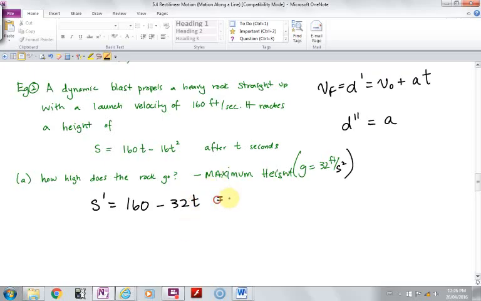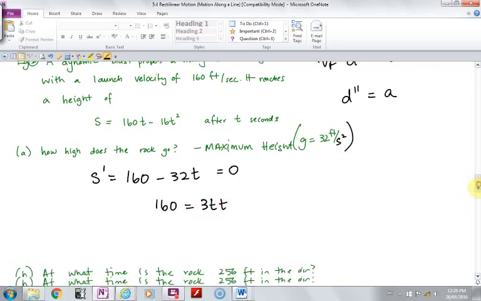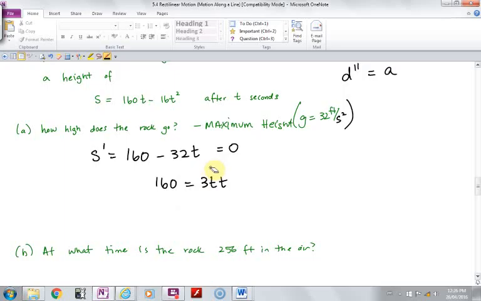I'm going to set that equal to 0. So where is 160 equal to 32t? Okay? So I need 160 divided by 32. What is that? 5. So 5 seconds.